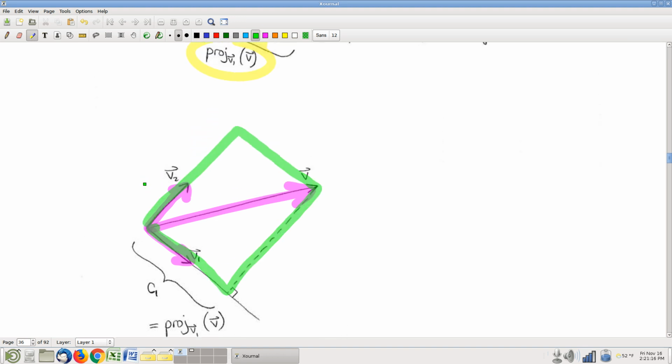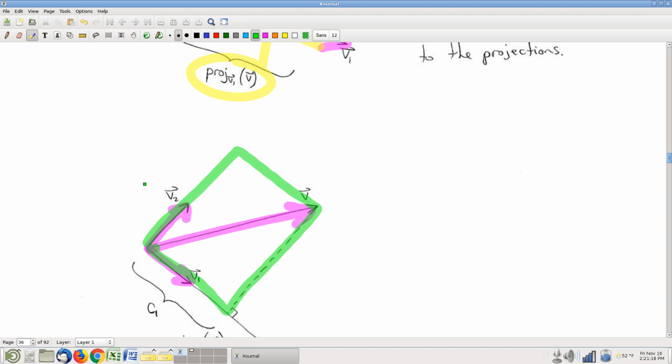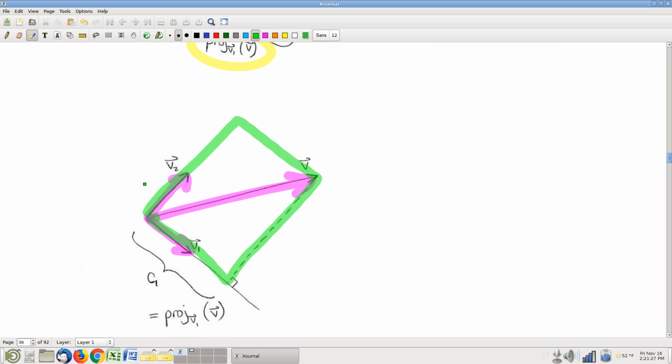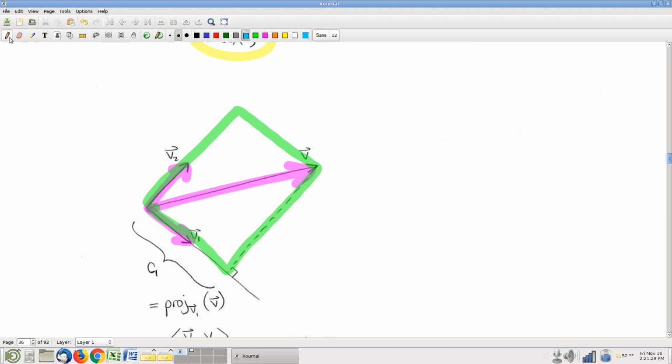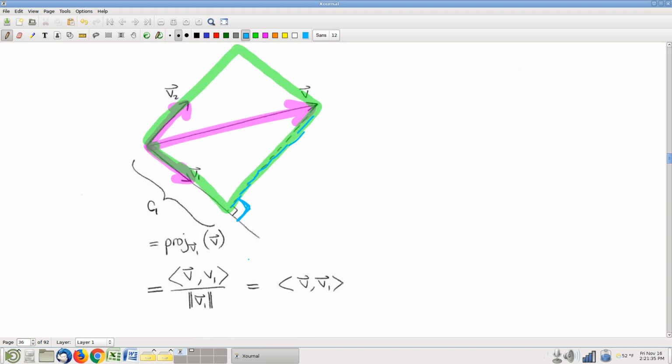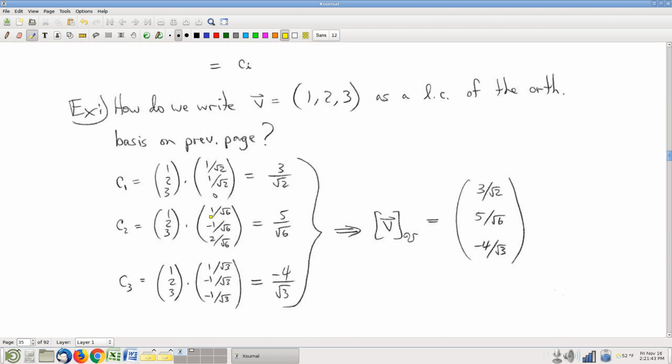This is not just any parallelogram. This is an orthonormal basis. These two vectors are orthogonal. This is now a rectangle. That, therefore, is a right triangle. And so, when you're computing the projection, dropping that perpendicular, you're not surprised to get the same result. Okay, so that's just a plausibility argument. The proof is right here.